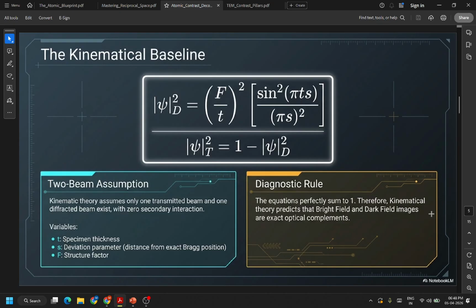T is your specimen thickness, S is your deviation parameter, and F is your structure factor. The equation perfectly sums to 1. Therefore, kinematical theory predicts that bright field and dark field images are exact complements.